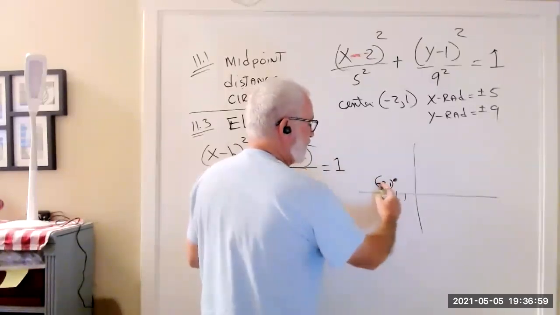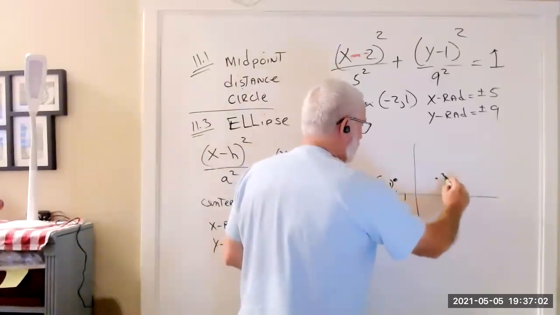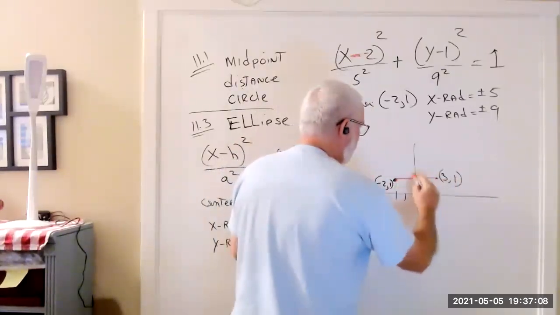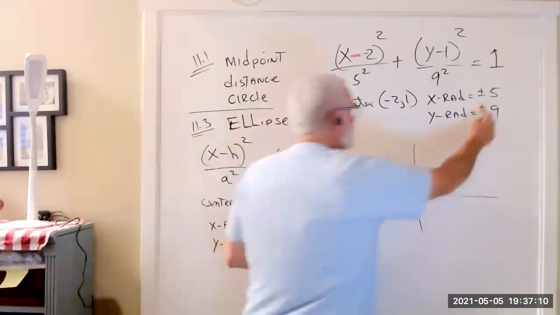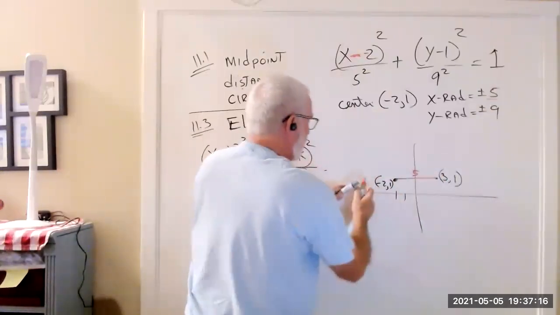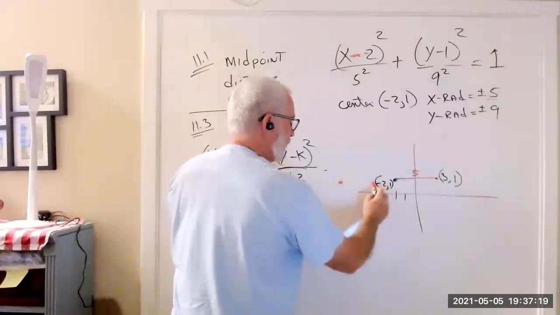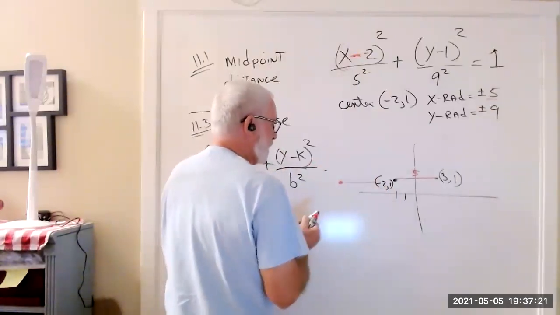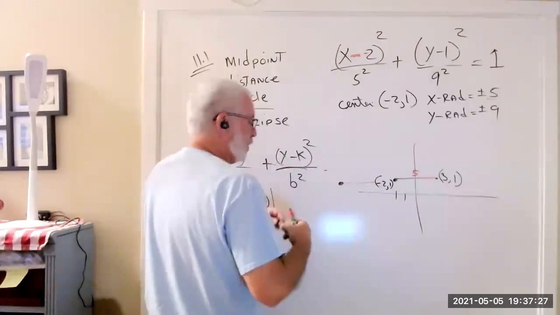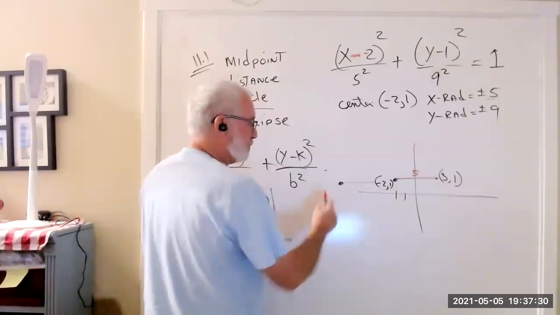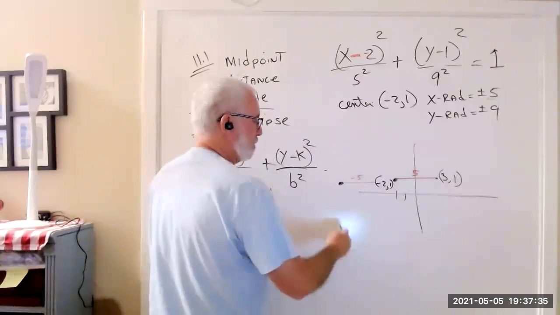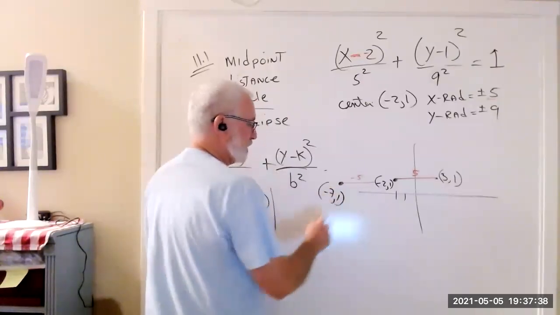So if I said -2 plus 5, this is going to be (3, 1). Because I added 5 to it, that was the x radius. But I can also take away 5. My scale is really screwed up now. So if I subtract 5, what's this point? (-7, 1). You guys agree?